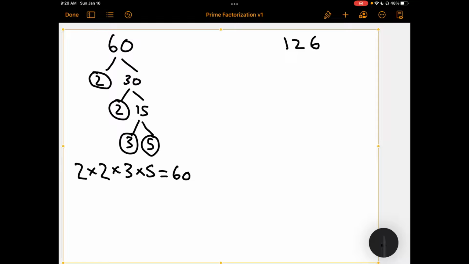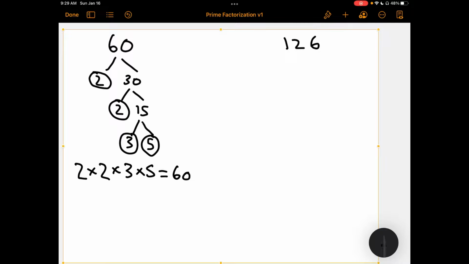And if you did it the other way, where at 30 you did 3 times 10 and then 2 and 5, it's still going to give you 60. So it doesn't matter which way you split your numbers, as long as all of your prime numbers, once you're done, multiply up into your main number, the number you were finding the prime factorization for, you know you've done it right.